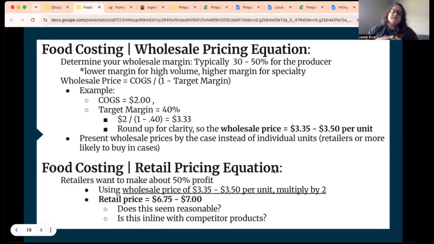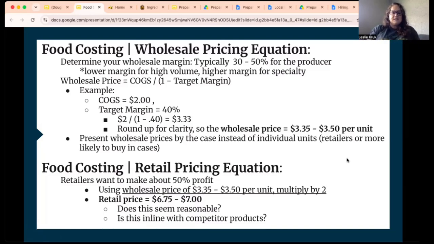Thinking about these pricing schemes ahead of time, you want to be able to look at these questions like, is this price reasonable? What are other items that are in a similar category priced at? Is it in line with competitor products? Because again, if you are pricing your stuff and it's much higher than other products in a similar category, it may be sitting on the shelf longer than you want.